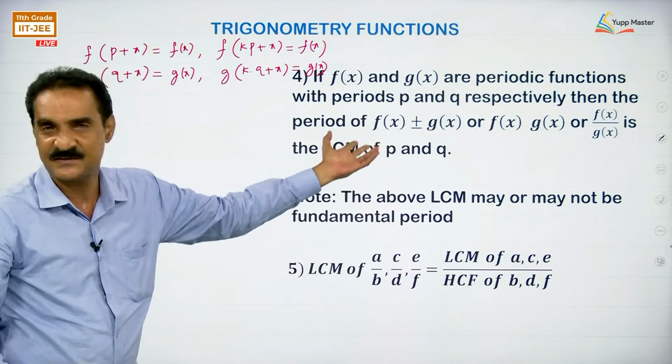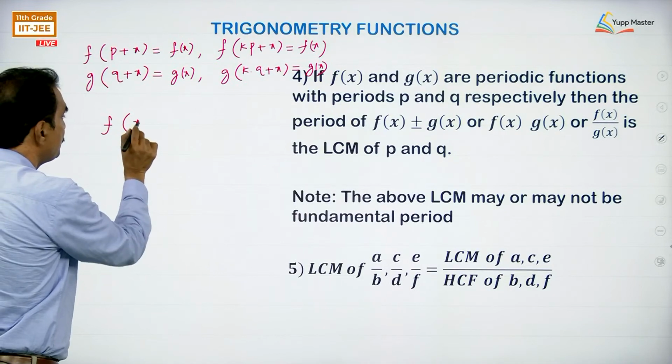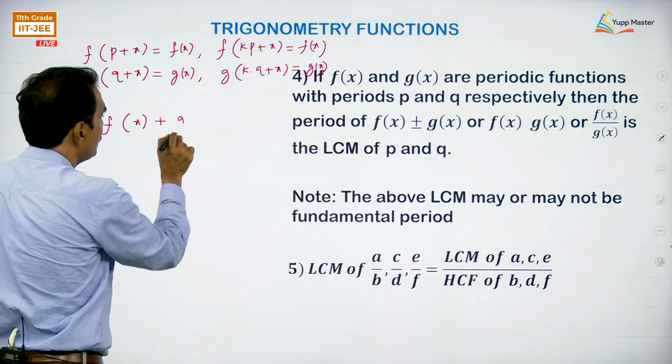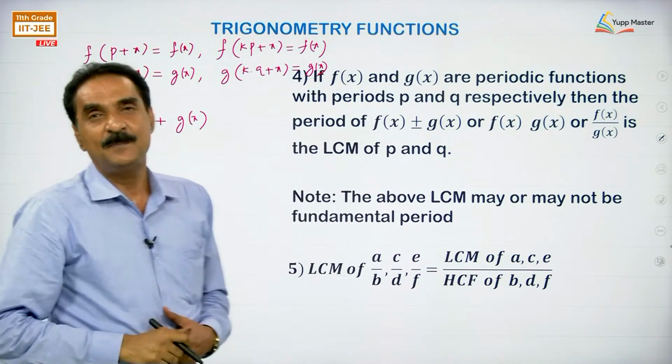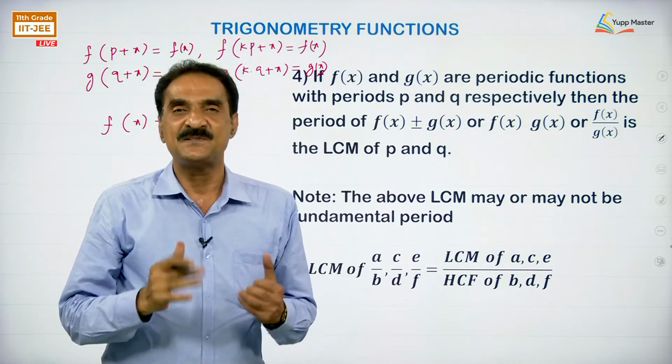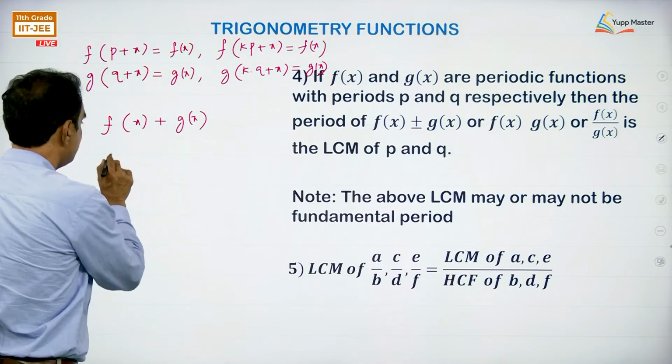Now, I want the period of f(x) + g(x). I am taking one of the cases. If I want the period of f(x) + g(x), I will first assume that the period is r. Let the period be r.